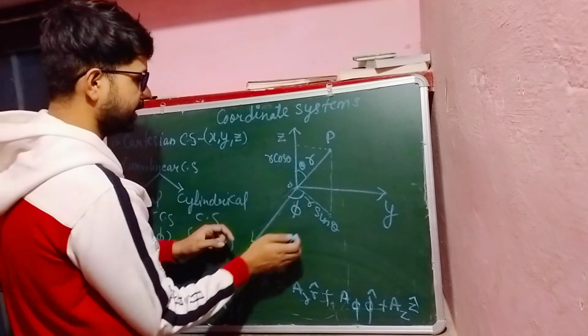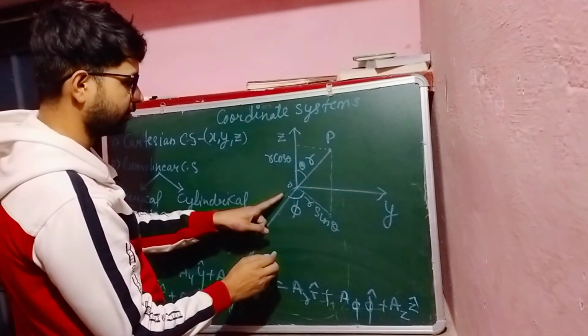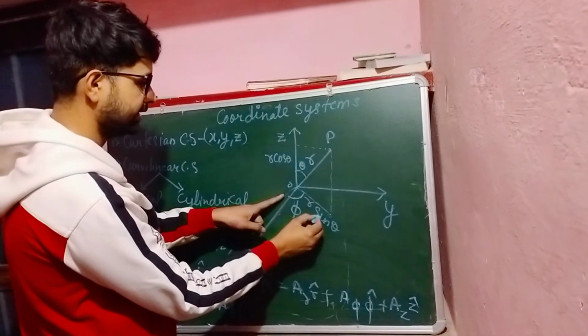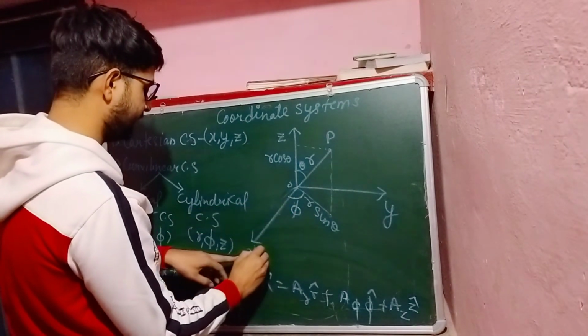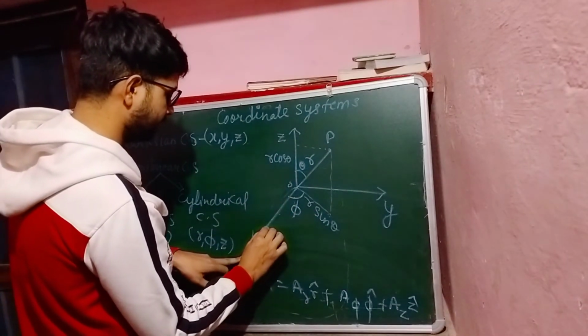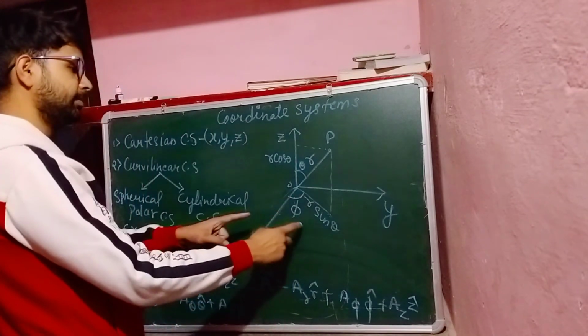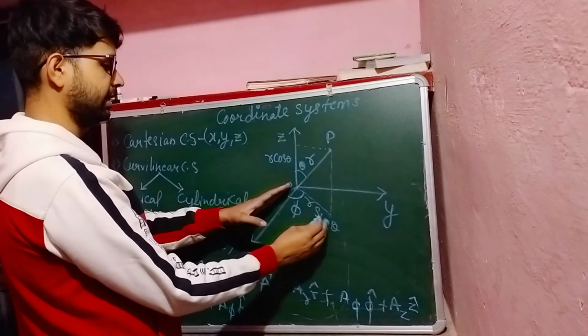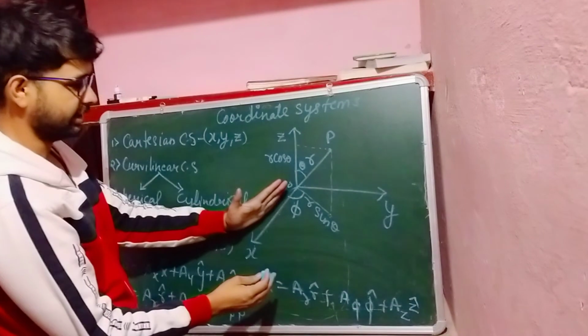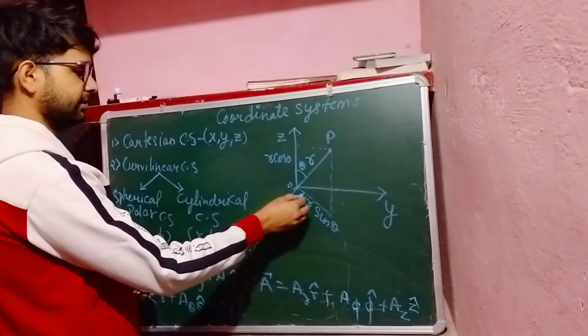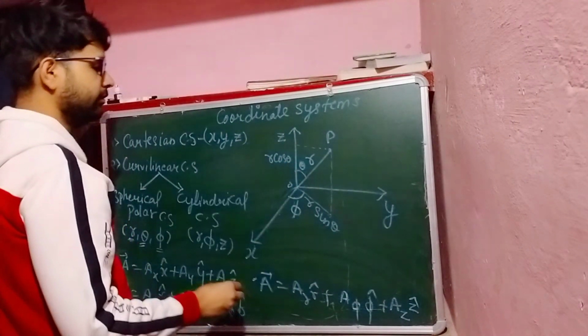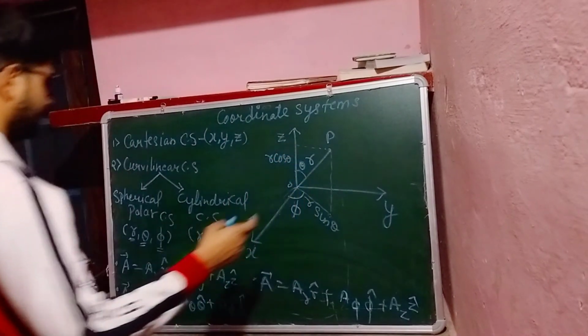So the x coordinate is r sine theta cos phi. Phi is basically the angle between the projection of r on the xy plane and the x-axis.